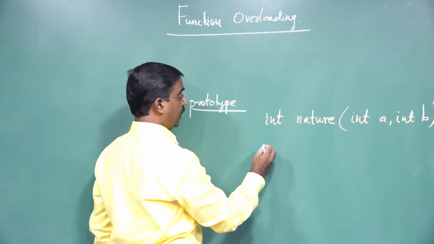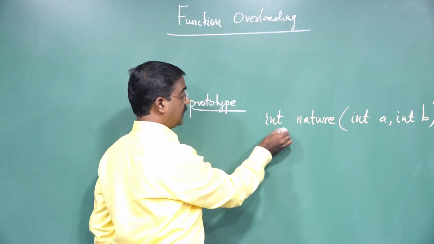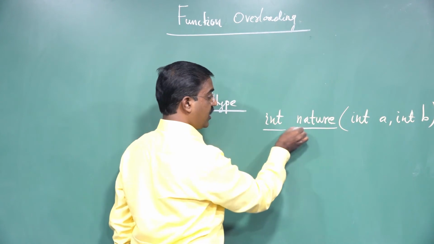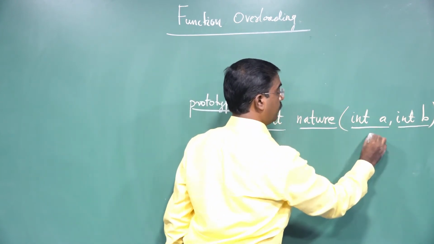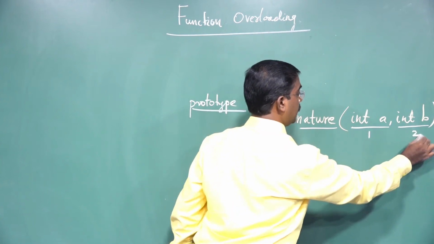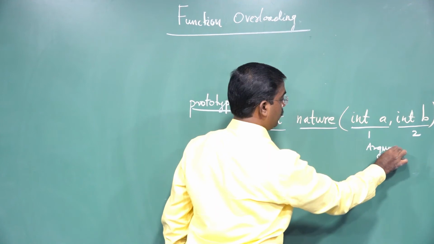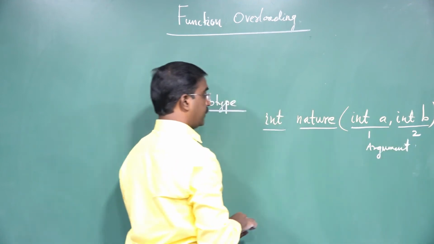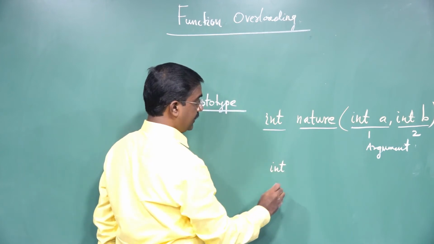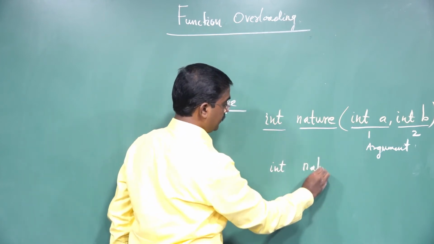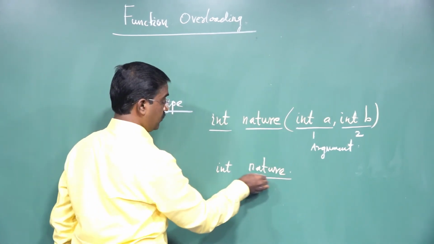This is the data type, this is the function name, and these are arguments: one argument and then two arguments. Here also integer is a data type, and the function name is the same: nature.